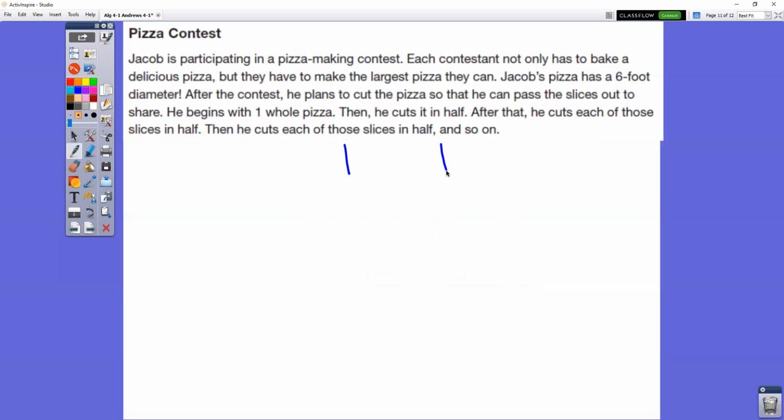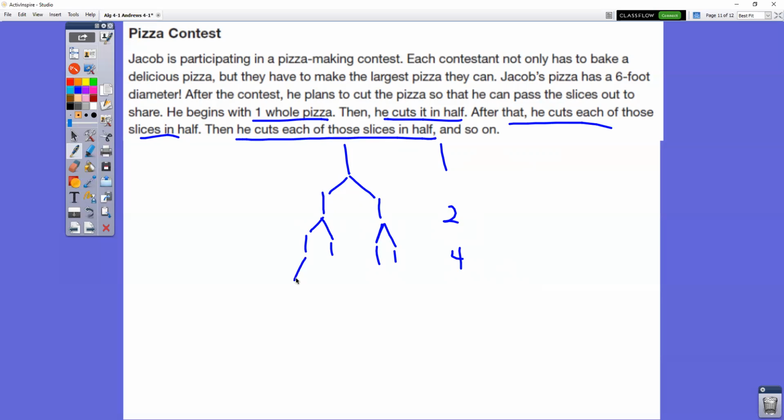He's then taking that and cutting it in half. So now he has 2 slices of pizza. He's then taking those 2 and cutting it in half again. Cut it in half, cut it in half. So now he has 4 pieces of pizza. Then, so he begins with 1, we did that, cuts that in half, we did that, cuts that in half, did that, and now this last one says he's cutting it in half 1 more time.